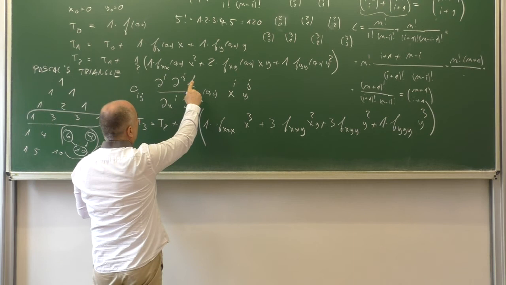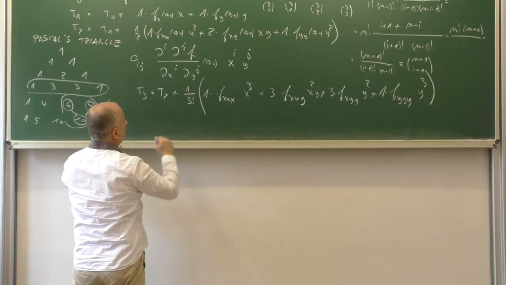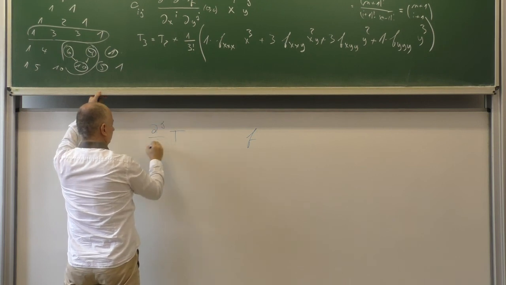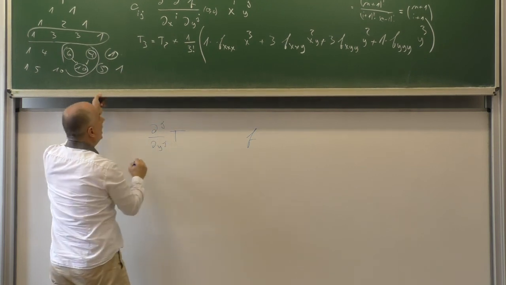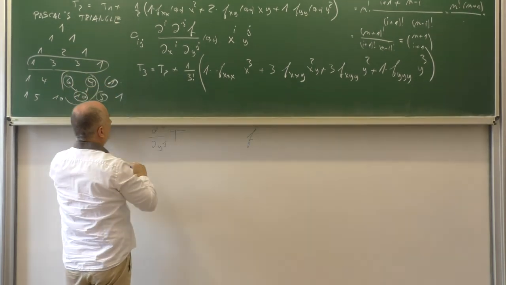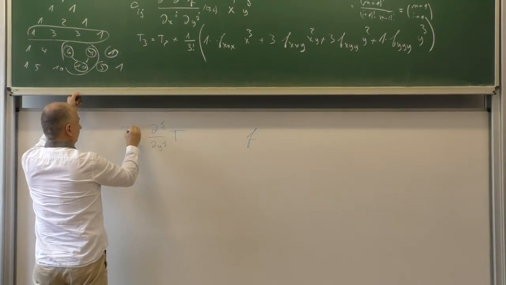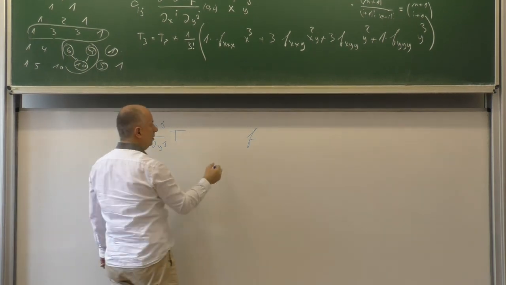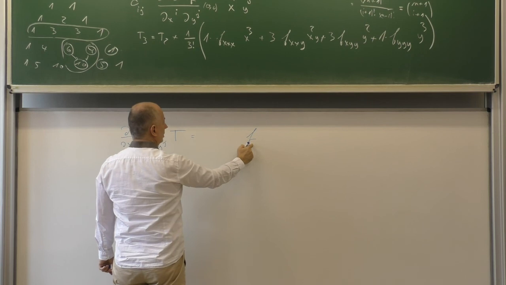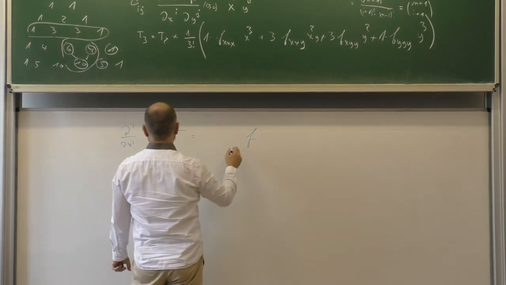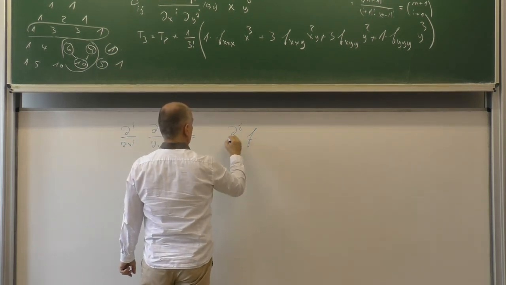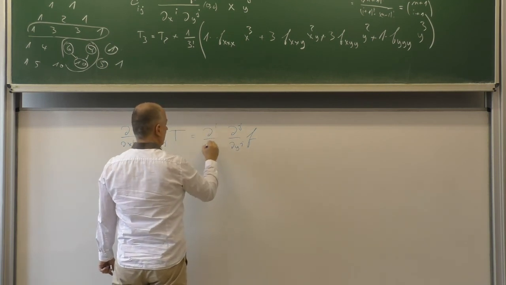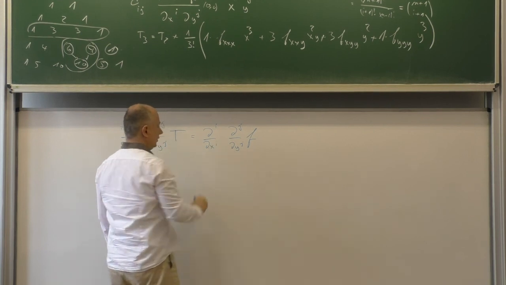That means if we differentiate j times with respect to y, and i times with respect to x at the point 0, 0, we want to get the same as we get from the corresponding derivative of f, that means j times with respect to y and i times with respect to x.